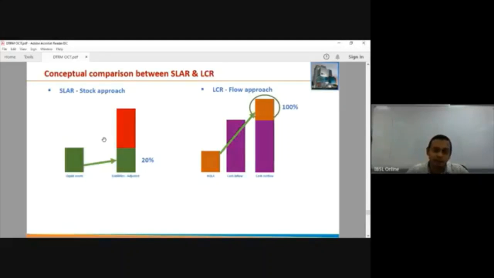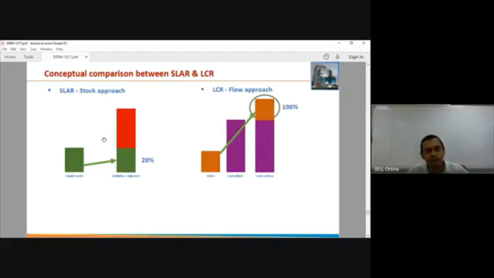So they brought up a framework based on a flow approach. SLAR, I said, is a stock approach, where we check only how much liquid asset you have. You have 20% of liability, that is fine. But LCR is a flow approach kind of framework.